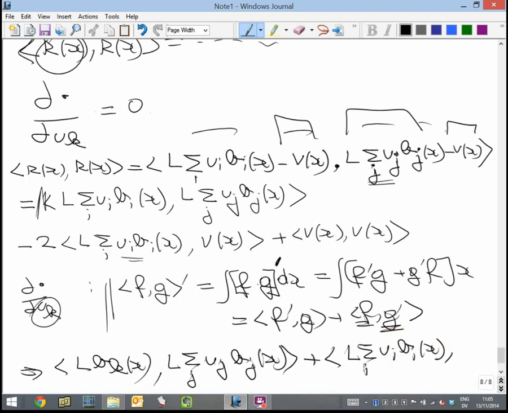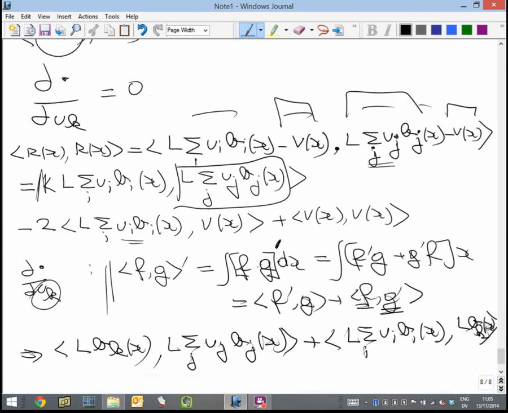And then we take the derivative of the second factor. Taking the derivative of the second factor is the derivative of this thing here. The only term where we have a u_k present is if j is equal to k, and then the derivative is simply L b_k.